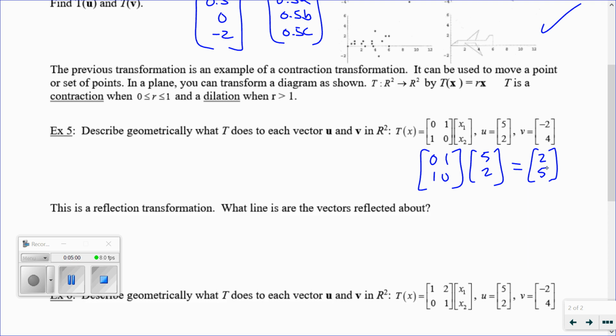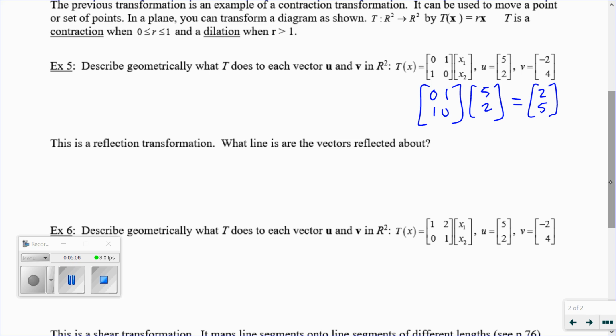Inverses are symmetrical over the line y equals x, all right? So yes, this reflected it. In olden days, you had x and y, and it was this line right here. So 5, 2 became 2, 5. It was a reflection over that. But in linear algebra, we don't use x's and y's because we're going to run out of alphabet letters.